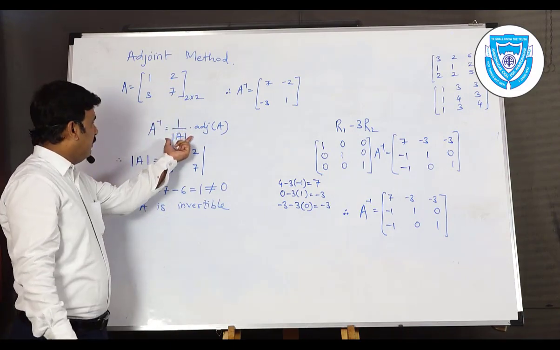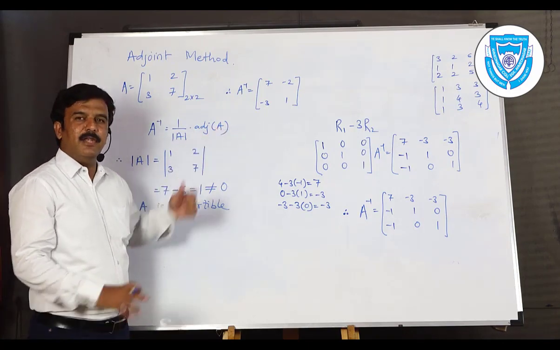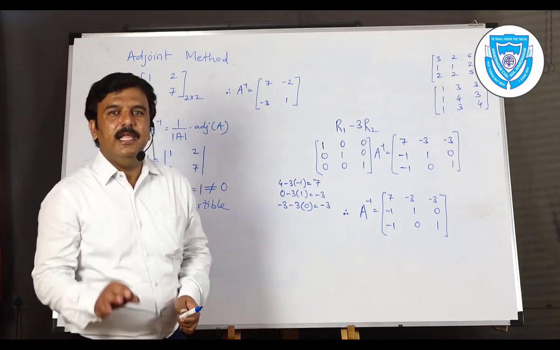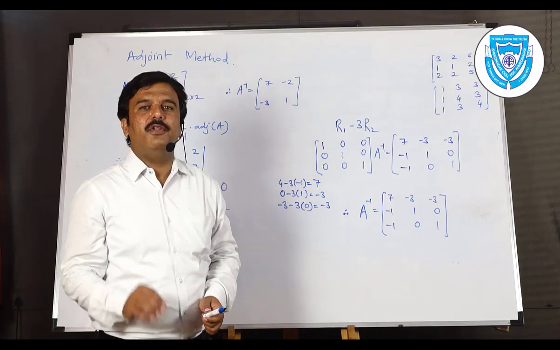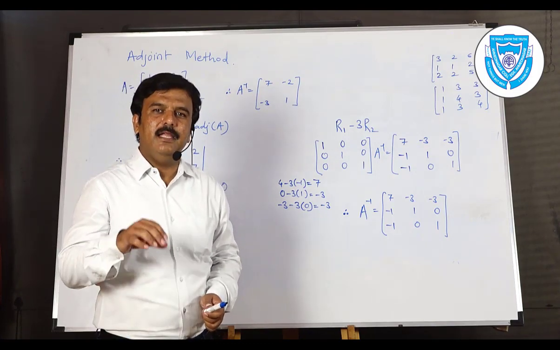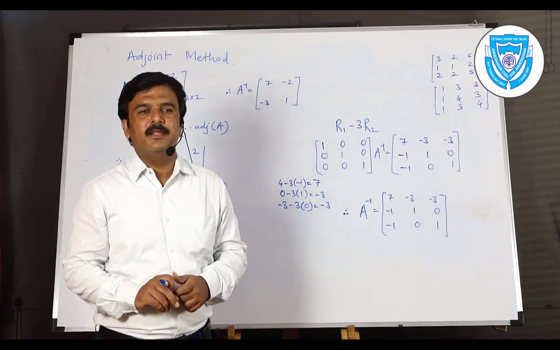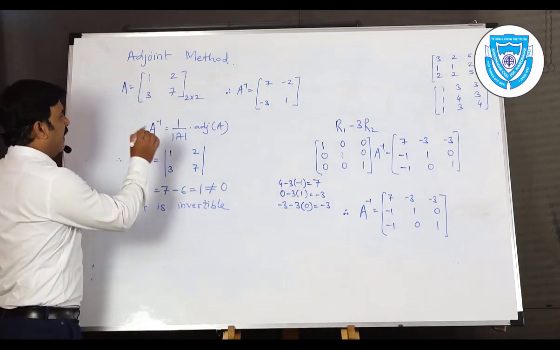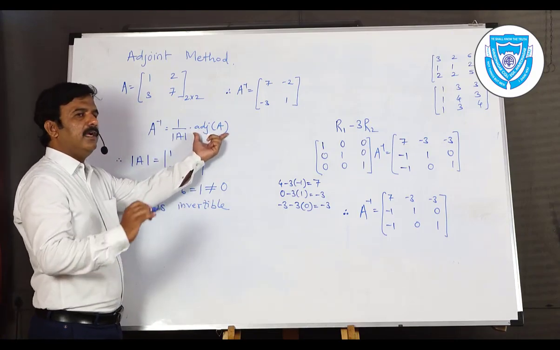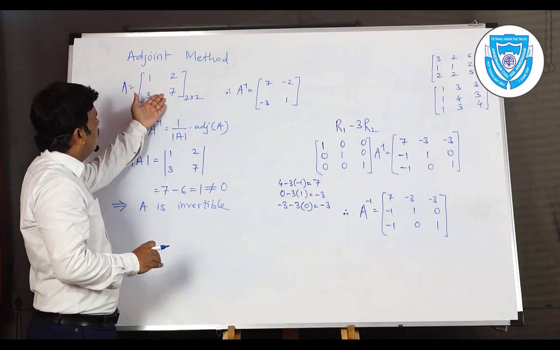We have derived 1 upon determinant of A. Let us go for adjoint of A. Now, let me tell you one thing clearly. In case of a matrix of order 2 cross 2, finding the adjoint of A is a very simple task. You can find the adjoint of A directly. Of course, we'll have to evaluate it from the given matrix A only.